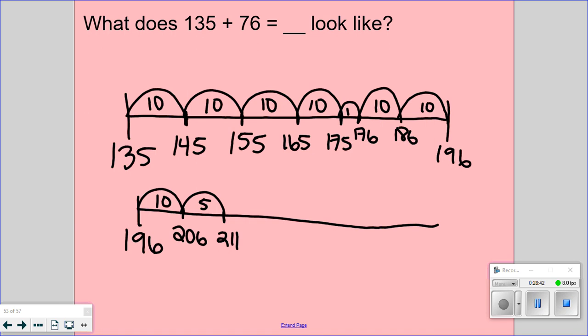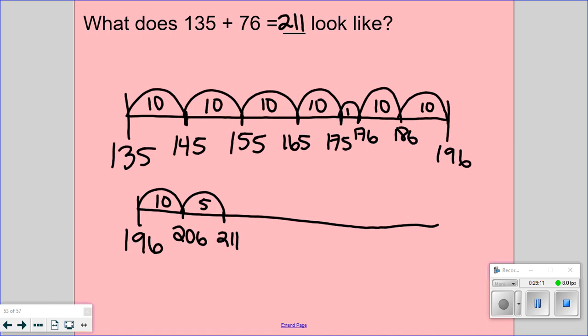What is 135 with 76 added on? What's that worth, Colby? What is it worth, 135 with 76 added on? 211. I'm going to fill in my spot saver. 211.